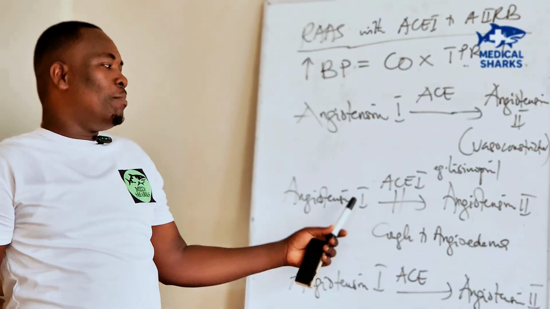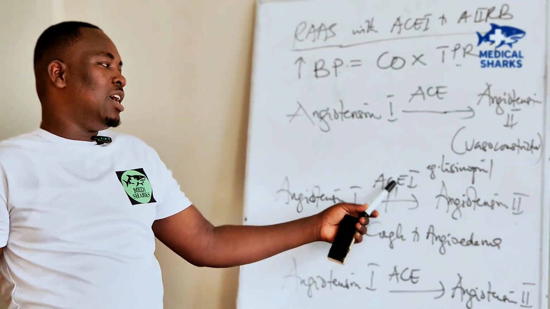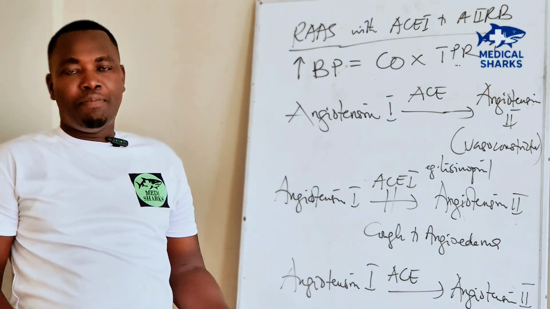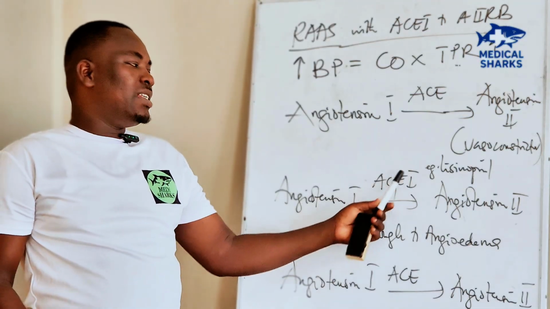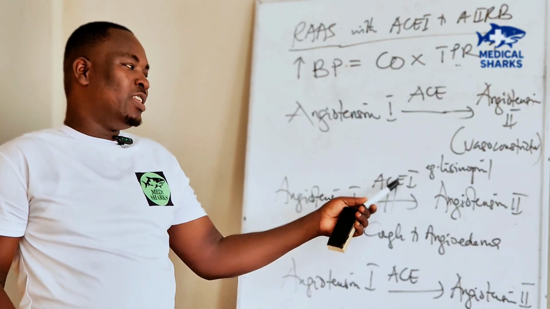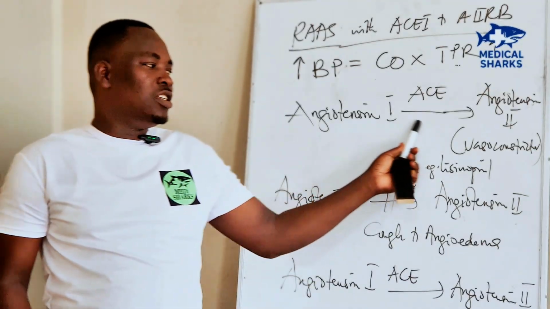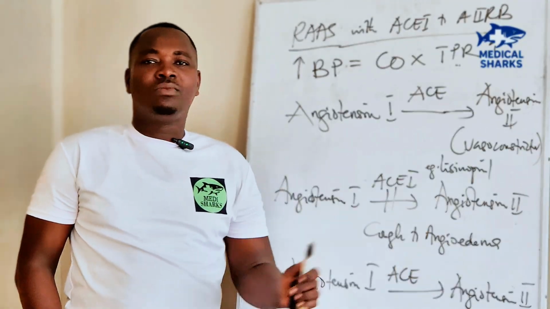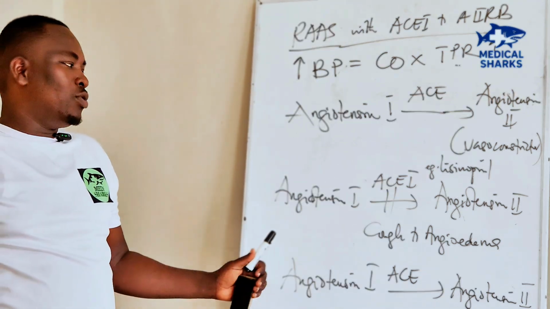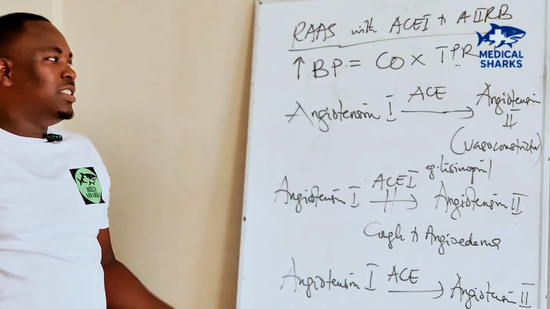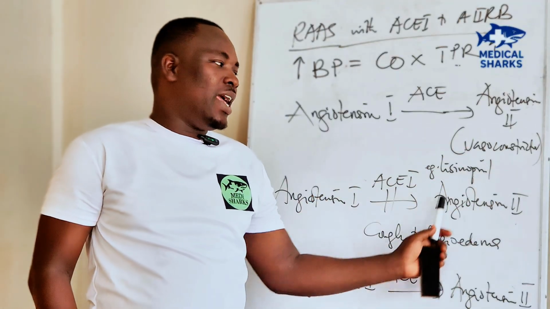So when you give the patient an ACE inhibitor, for example lisinopril, captopril, or ramipril, it prevents angiotensin I from changing to angiotensin II, which means there will not be this vasoconstrictor again.